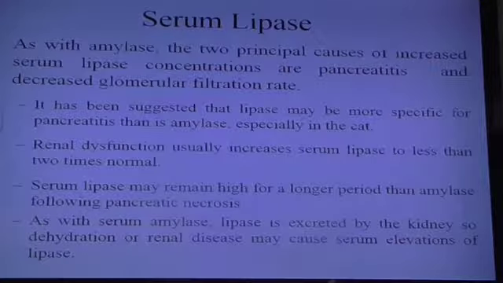So that's one reason there are other things which can cause problems with these tests. Lipase is a little more specific as far as the pancreas is concerned. And again, we've developed the isoenzyme that is specific for the pancreas. It's a pancreatic lipase activity screen, which tells us that the lipase that's in the blood did come from the pancreas.